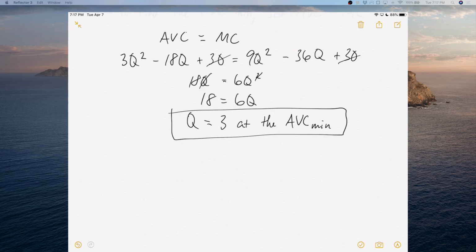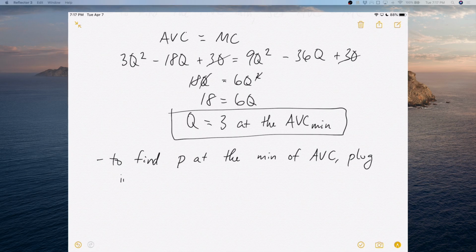So to find P at the min of AVC, plug in Q. We're just going to take our Q equals 3 and plug it back into our AVC.